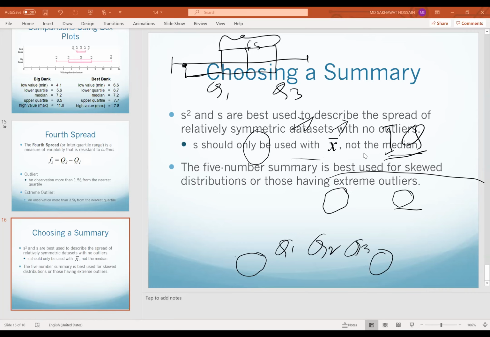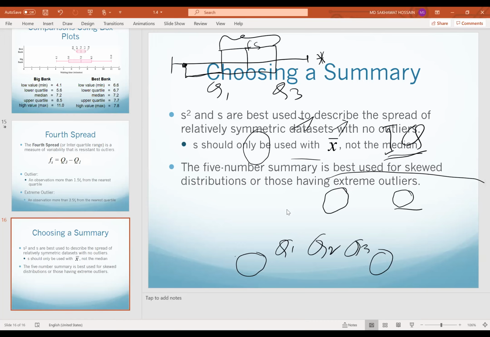But if you have skewed data and your data set is not that large, then you can use the 5-number summary, and that is best used for skewed distributions, or if your data set has outliers. If your data set has outliers, then on the box plot we use an asterisk sign.